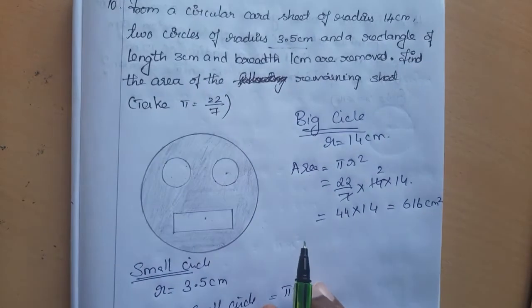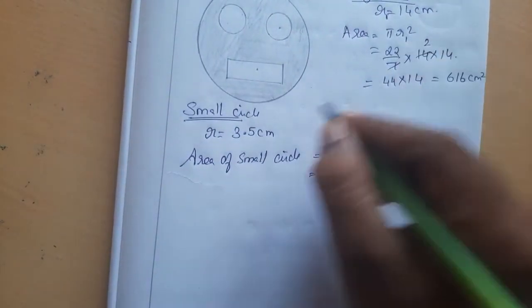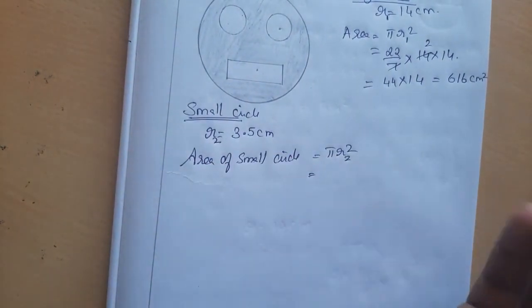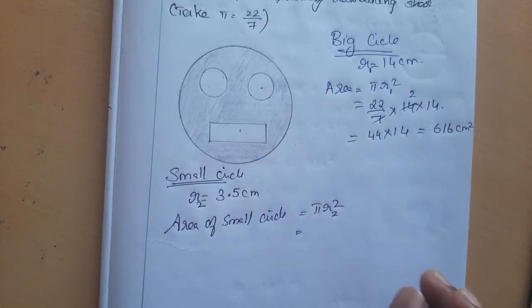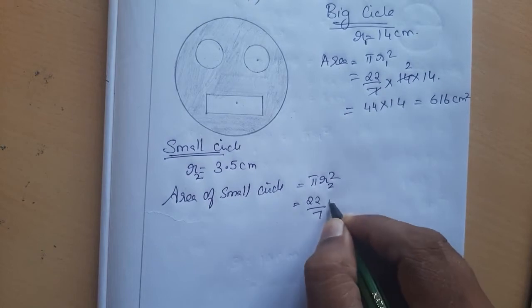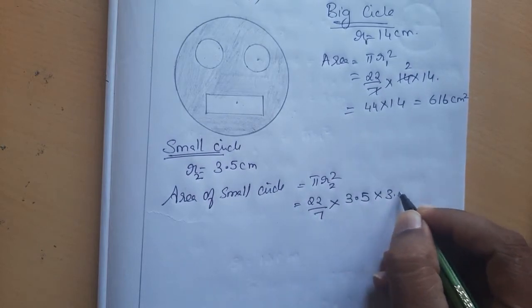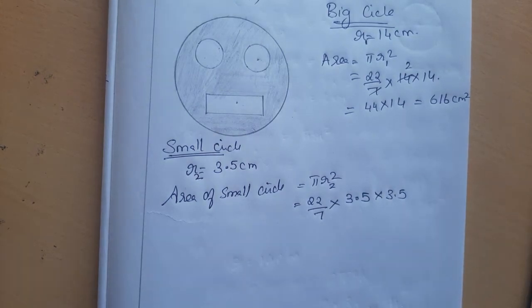Let me choose r1, r2 so we won't get confused. Let me choose this as 1 and 1, and this as 2 and 2. Whenever there are two different radii, let me name them r1, r2, r3, r4. 22/7 into 3.5 into 3.5, since it is the square.